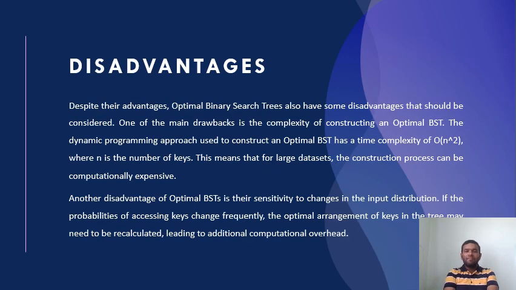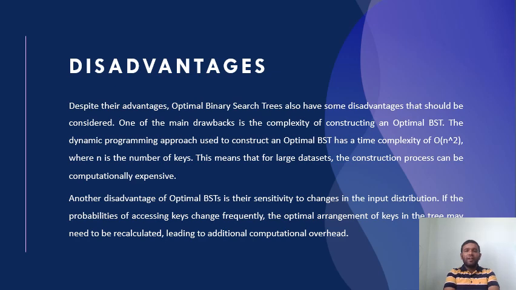Now let us see what are the disadvantages of optimal binary search trees. Despite their advantages, see, wherever there is an advantage, there has to be certain disadvantage. Optimal binary search trees also have some disadvantages that should be considered.